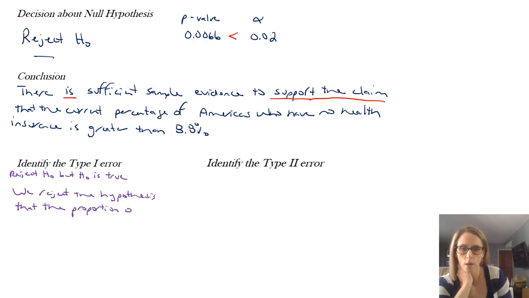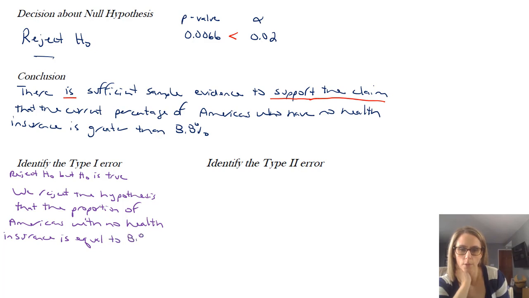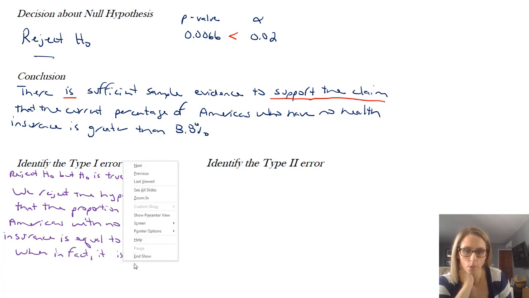proportion of Americans with no health insurance is equal to 8.8%, when in fact it is.